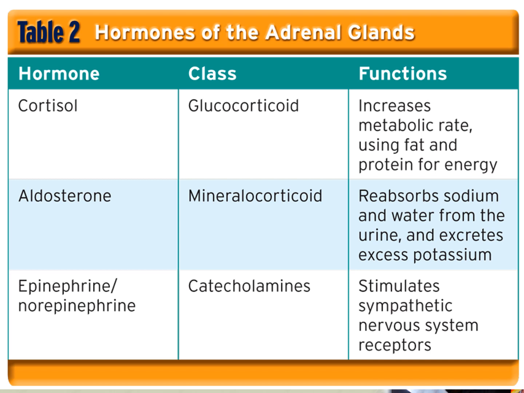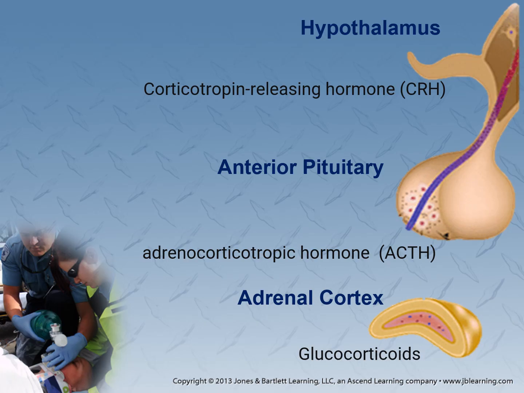And so we know water follows sodium, so we won't pee as much when we're releasing aldosterone. The antidiuretic hormone and aldosterone, I think, molecularly, they look a lot alike. And then epi and norepi out of the adrenal medulla is going to give you your sympathetic nervous system stuff. Those again are recognized as catecholamines.